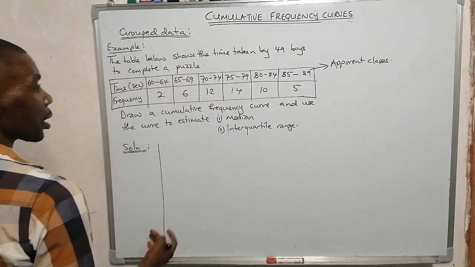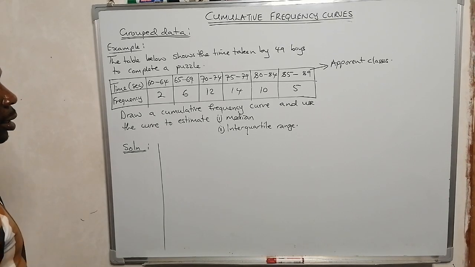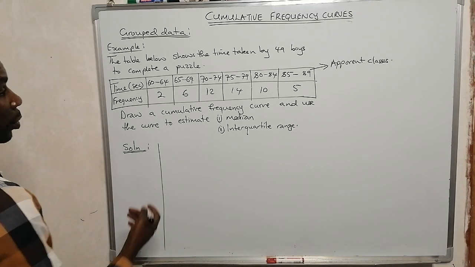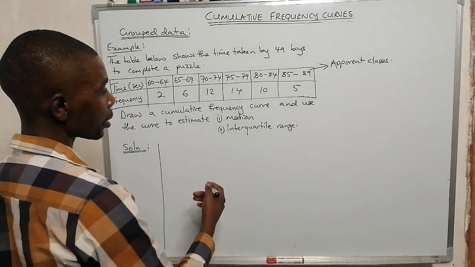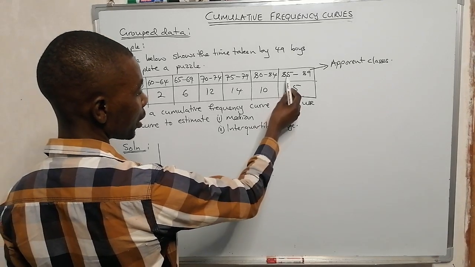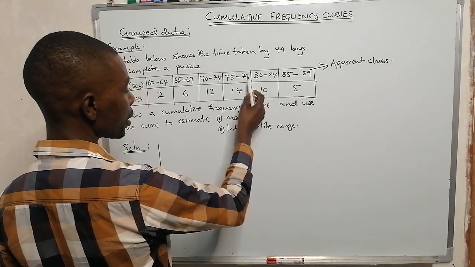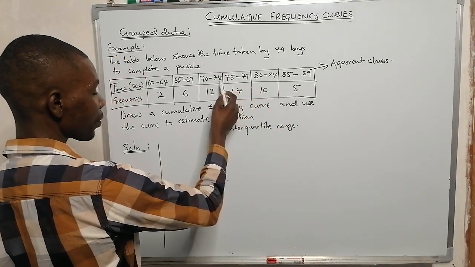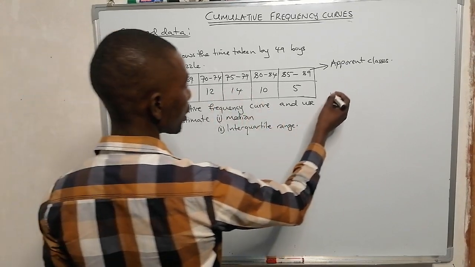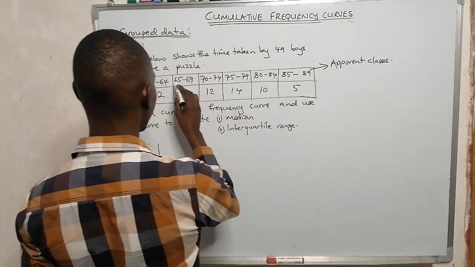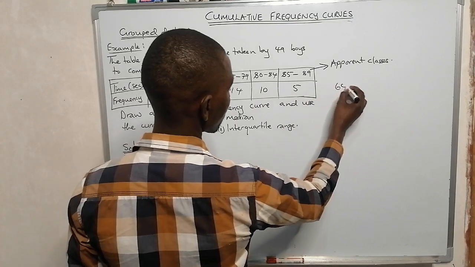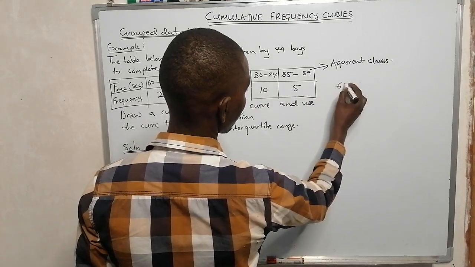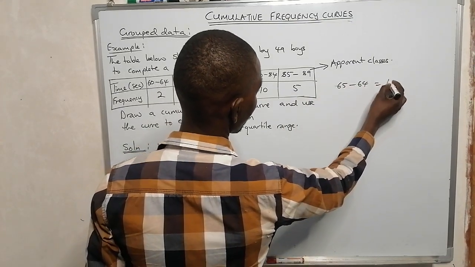Now we want to construct a table with real classes. Remember, when we are changing from apparent classes to real classes, we take the difference between 85 and 84, or 80 and 79, or 75 and 74. We get a difference. Let's say we take 65 minus 64, we get 1.